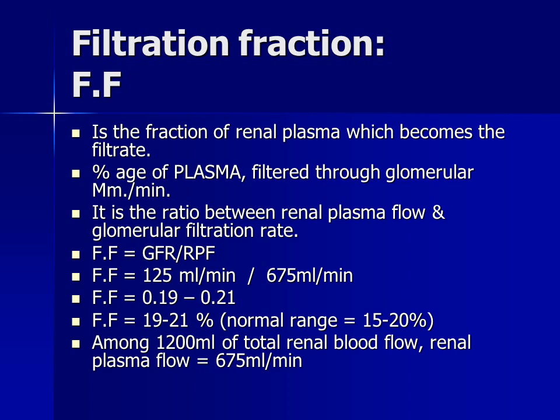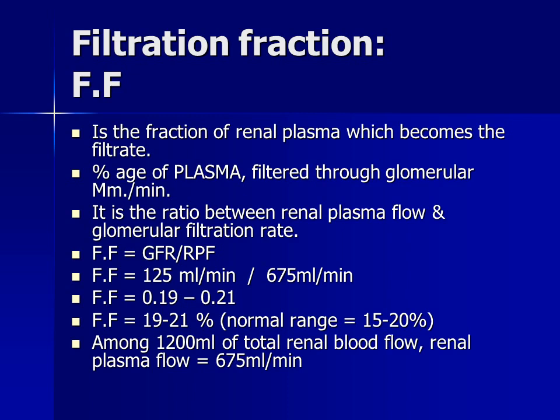The GFR is 125 milliliters per minute, whereas the renal plasma flow is 675 milliliters per minute. So the filtration fraction becomes 125 divided by 675, and it has a range of 0.19 to 0.2, or 19 to 20%.